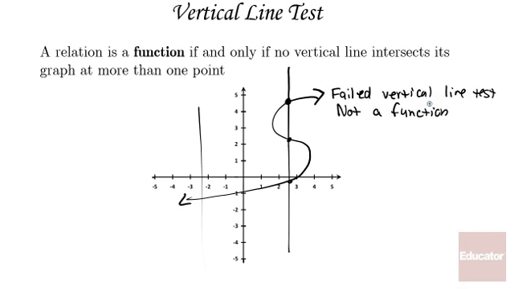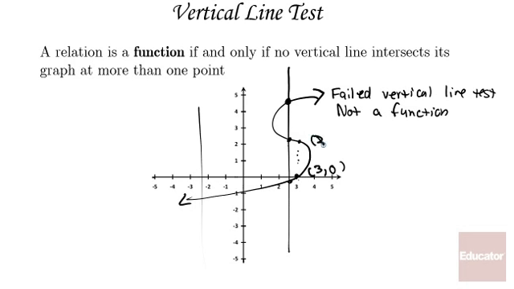And when something fails the vertical line test, it means that it is not a function. The reason this works is that if 2 or 3 or more points share the same x value, then they're going to lie directly above or below each other on the coordinate plane. For example, looking right here, I have x equals 3. X is 3, y is 0. Then I look right above it, up here.